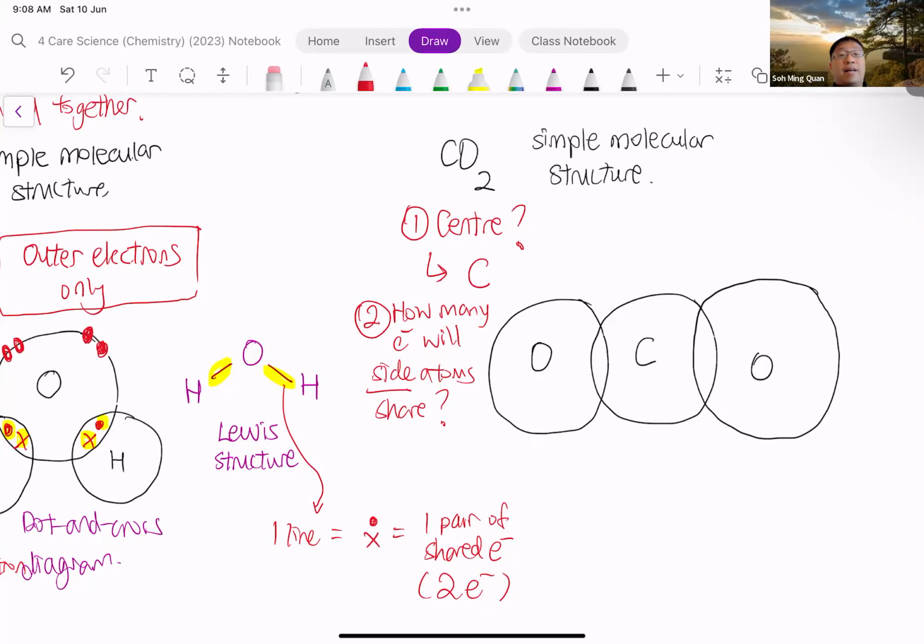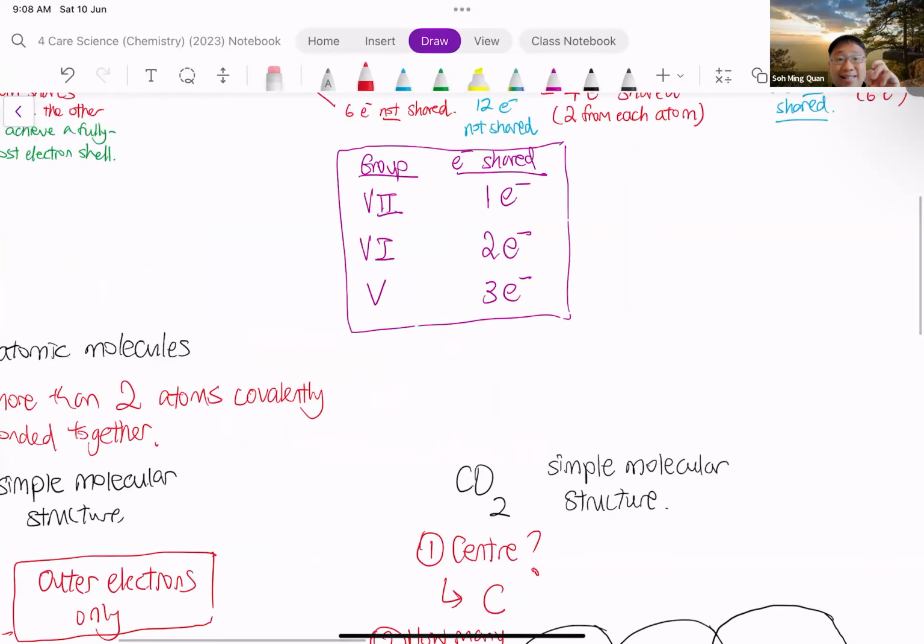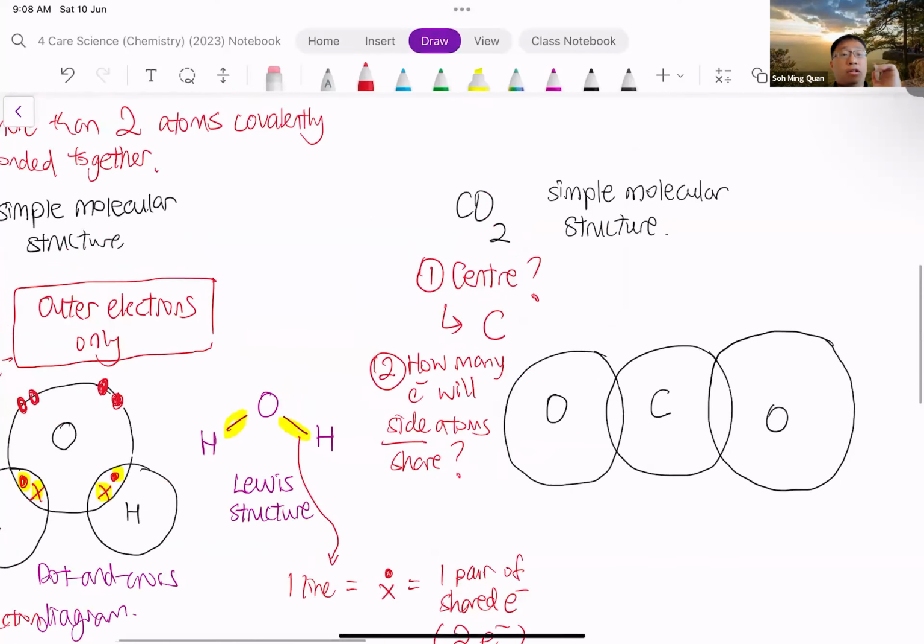The ones at the side is oxygen. Just now we went through oxygen, we can predict how many electrons it will share because there's a pattern, right? Group 6 shares 2. So we are going to apply this now. Oxygen is in group 6, share 2. Share 2 is 1 dot 1 cross, 1 dot 1 cross. Same with the other side.